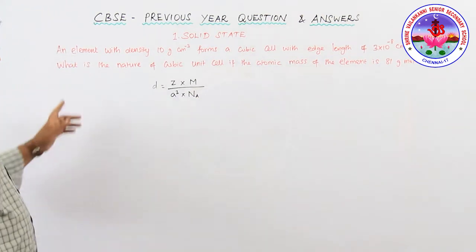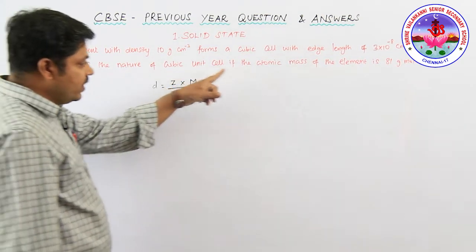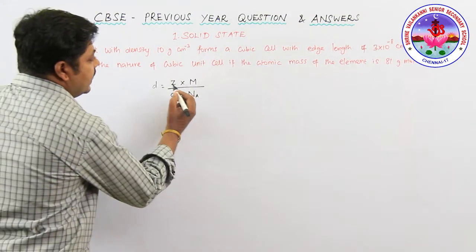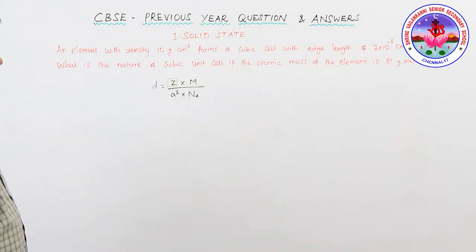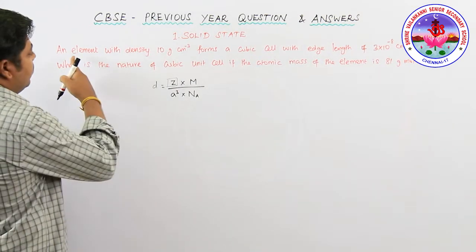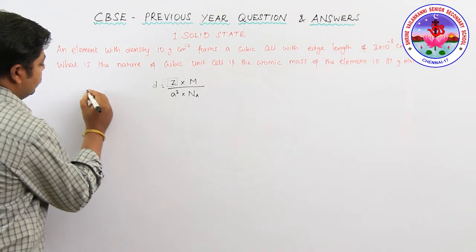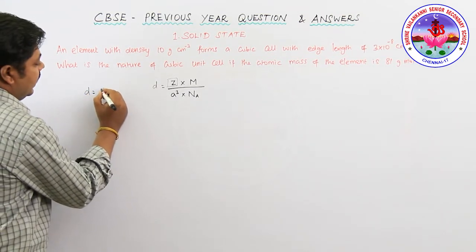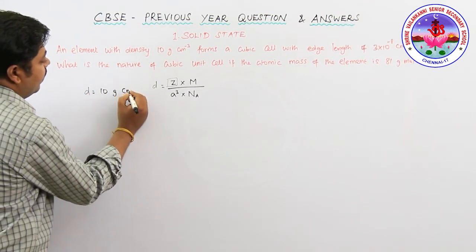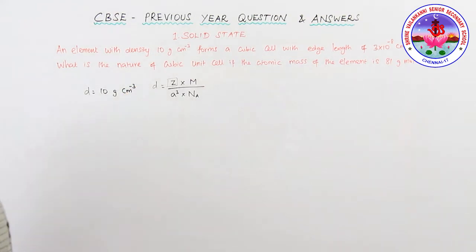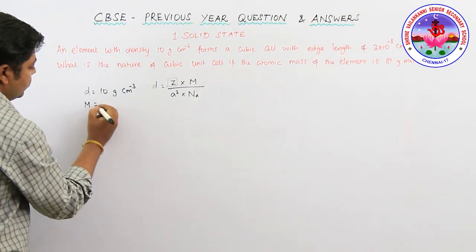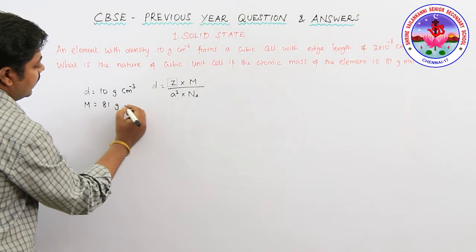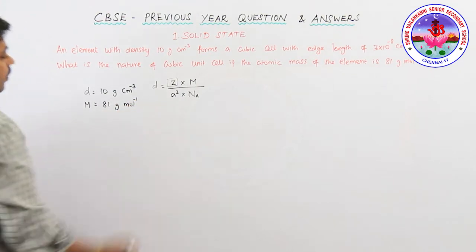Now here we want to find out the nature of the cubic cell. That means we want to find Z. The density is given: D is equal to 10 gram per centimeter cube. The atomic mass of the element is also given: M is equal to 81 gram per mole.